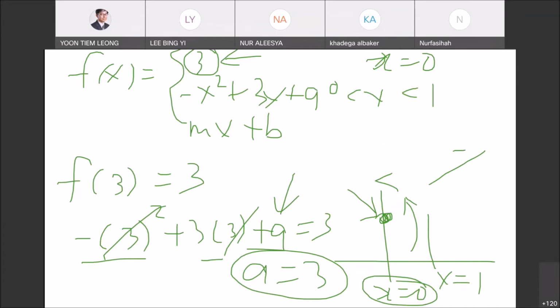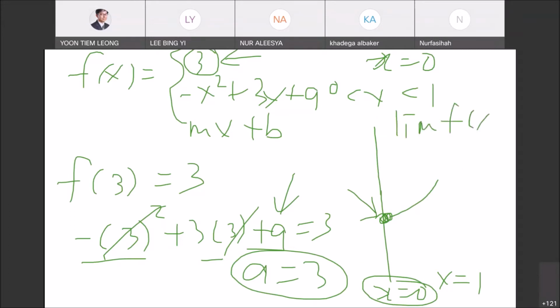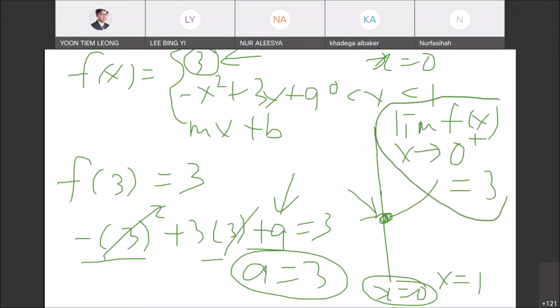That is, at this point of the function, a polynomial of this, the limit of the function when x tends towards 0 from the right must agree with the value of the function at this point, which is 3. Right? So basically, I'm applying these conditions to the point x equals 3. That is what I have.